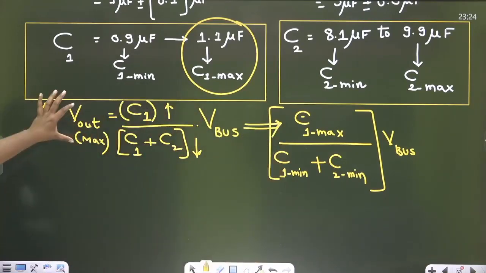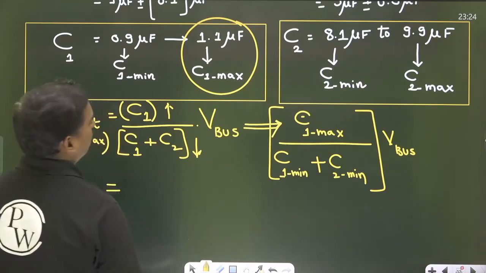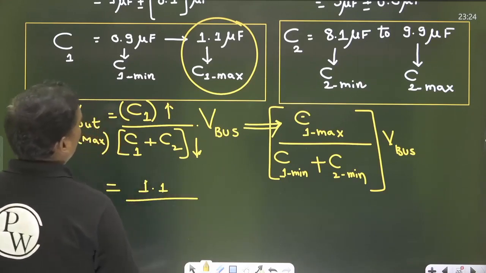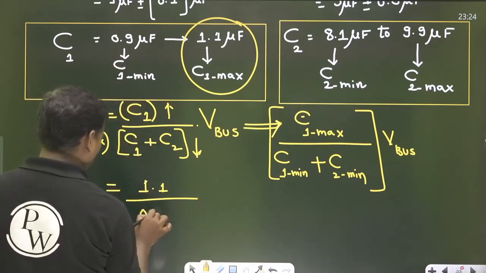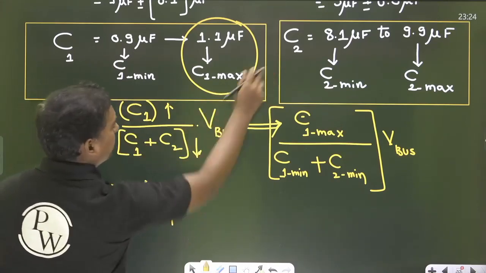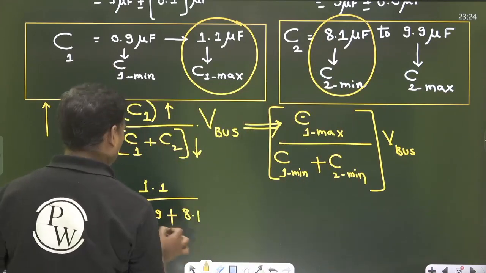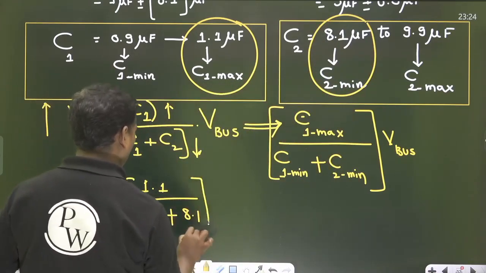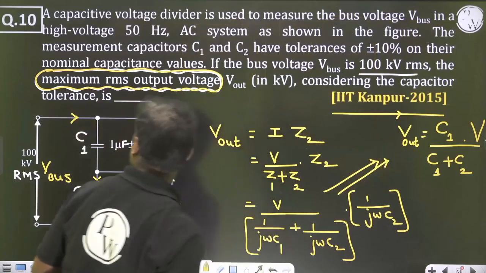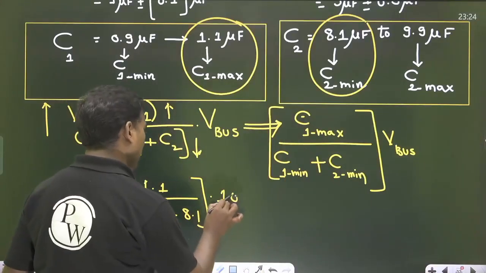Understood. So for the maximum, the denominator should be minimum. Maximum C1 is 1.1 divided by C1 minimum 0.9 plus C2 minimum, which is 0.1, into the bus voltage, which is 100 kilovolts RMS.